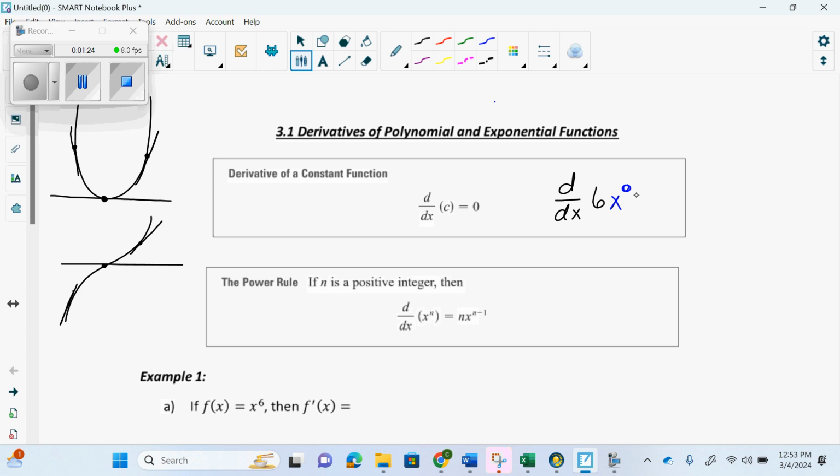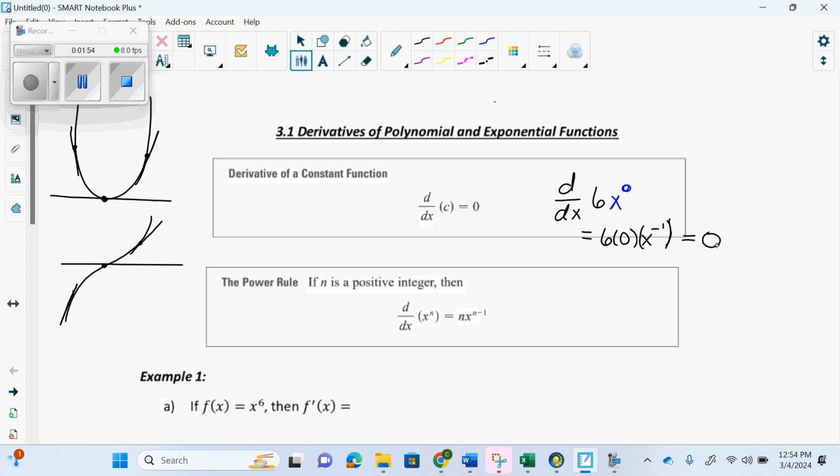So if I take the 0 and I drop it in front, I would get 6 times 0, x to the what? Negative 1. Now, what's 6 times 0 times x to the negative 1? 0, because I'm multiplying a 0 in there, correct? So that's why when you take the derivative of anything without an x, it would be x to the 0 and it would just go away. So the derivative of any constant number is 0.